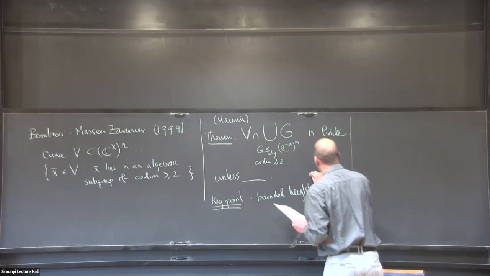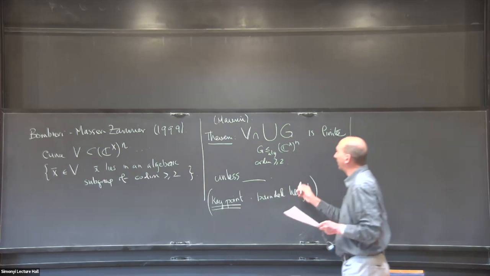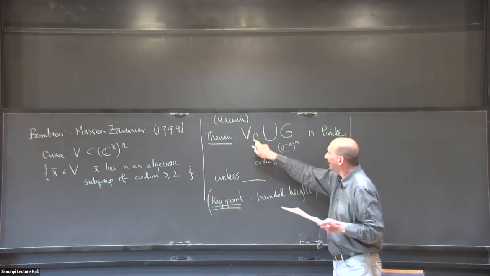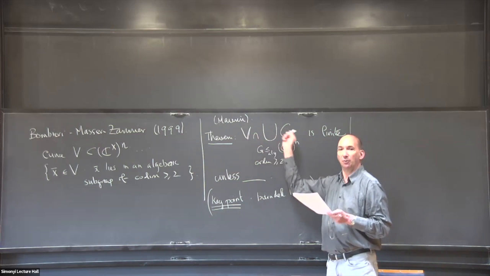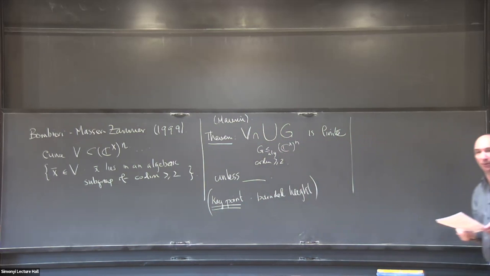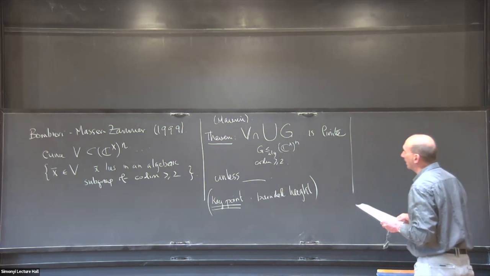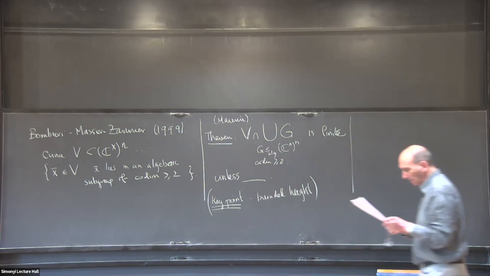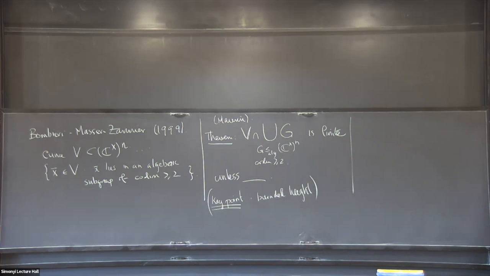Even if you consider the likely intersections of a curve with algebraic subgroups of codimension 1, you get a set of bounded height. That's what's key to this. And this bounding of heights will come up at a number of points.